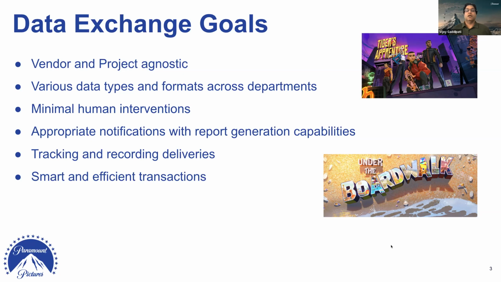Also, lots of notifications along the way, where the package is, where it's being staged, unpacked, lots of email notifications along the way, and also reports that get generated based on the data type. We also are using ShotGrid to track all these deliveries. We record these deliveries in ShotGrid and they can be looked up by the productions, and they organize these deliveries and create their own dashboards and such.